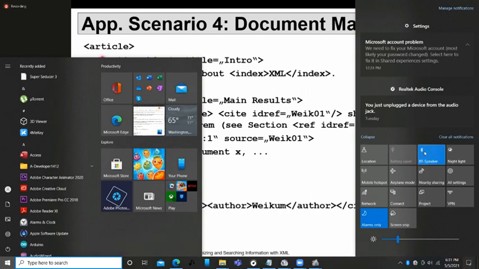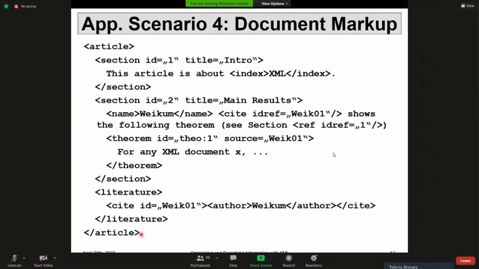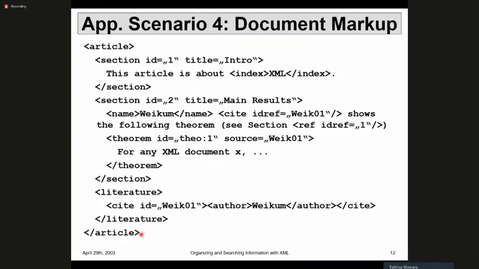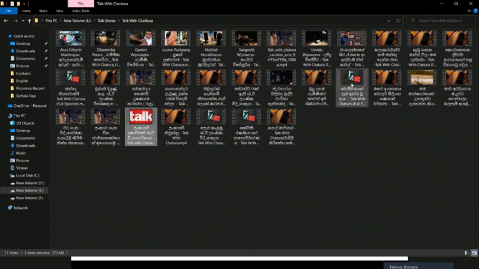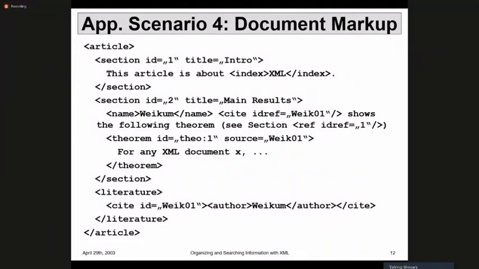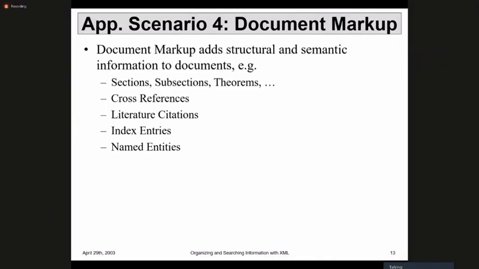If you are writing an article and you use this article tag, search engines will find your blog post as an article. So there are advantages like that in using XML for document markup. Document markup adds structural and semantic information to documents: sections, subsections, theorems, cross-references, indexes, articles, many things.